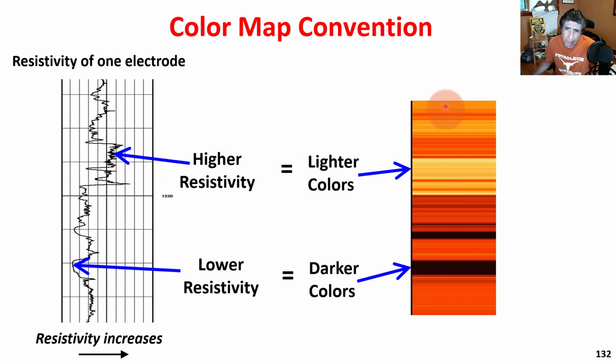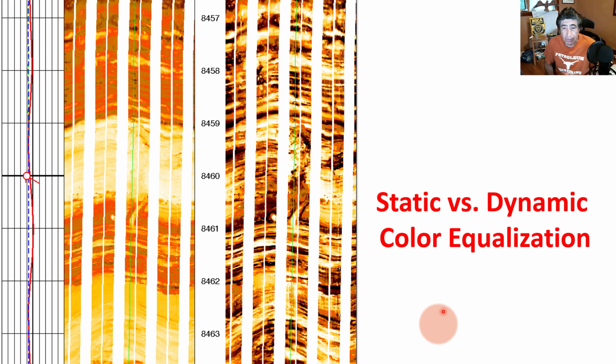The rendering of the colors, the min and max, and the saturation will depend on several ways of doing it. I'm going to explain that in a second. In fact, we have two ways of plotting these borehole resistivity images. One is a so-called static plot, and the other one is a dynamic plot. What is that?